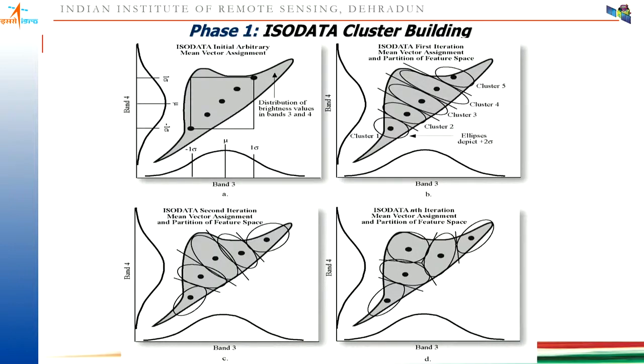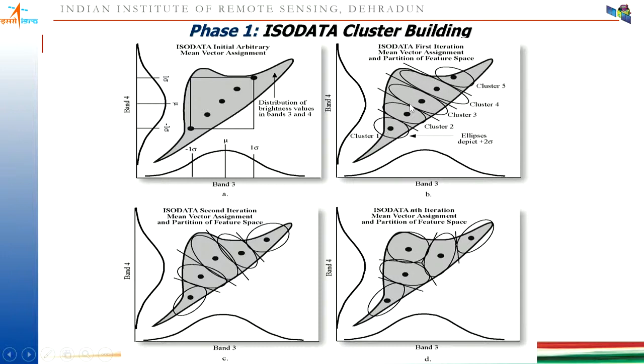So as I have already told you, the clusters are arbitrarily designed in the beginning. So what is happening is you plot the feature space, and then suppose we want 5 clusters, so arbitrarily the area is divided into 5 areas, okay, in the first stage.